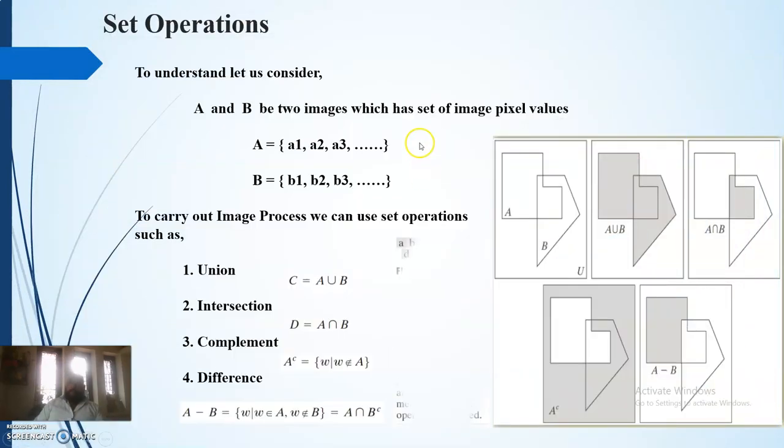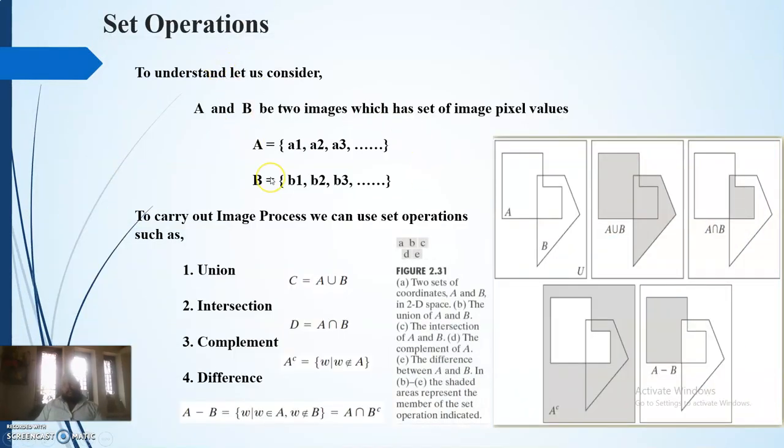Next we can see set operations. In set operation, this is another method of operation that is carried out between two images. For an understanding, we can take two images, say A and B. The pixels in image A can be taken as one set, and the pixels in B can be taken as another set.